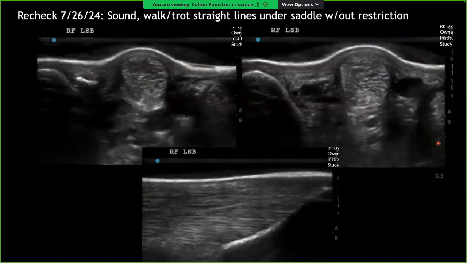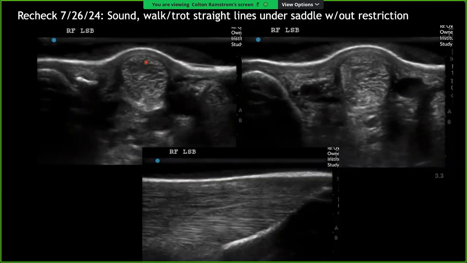This was the recheck that day. So again, we can see that we have some pretty good remodeling organization of that suspensory branch. The size has come down some as some of that edema and some of those actual core lesions have resolved. We can see some persistent core lesions there where we had some of our larger issues.